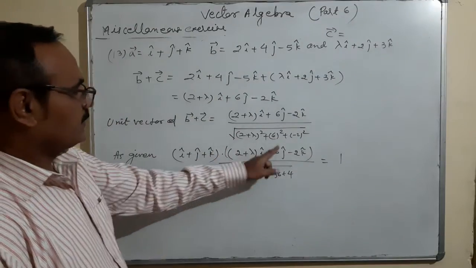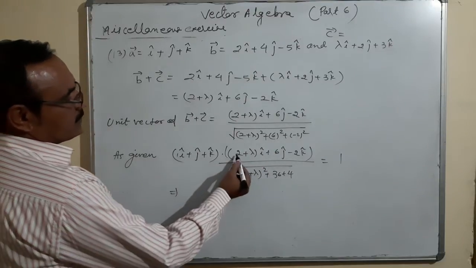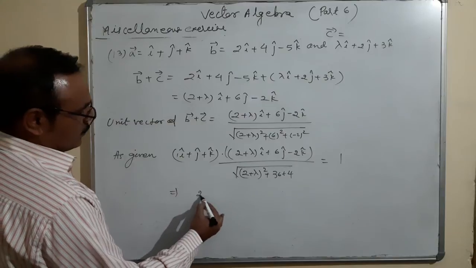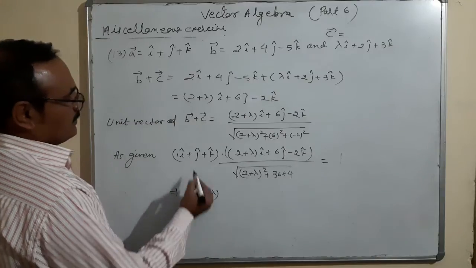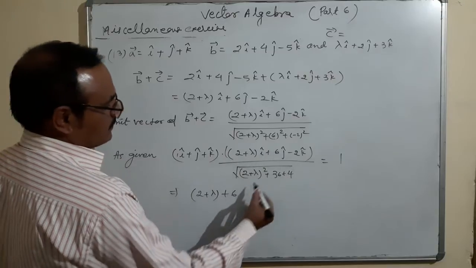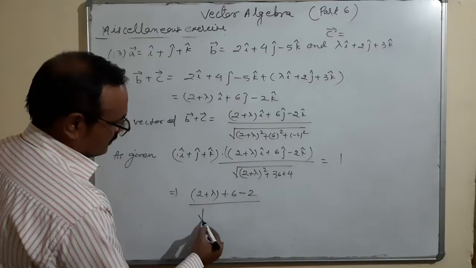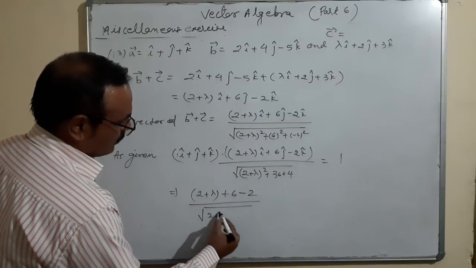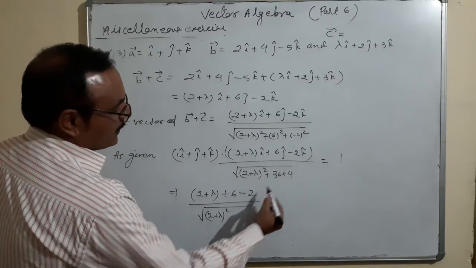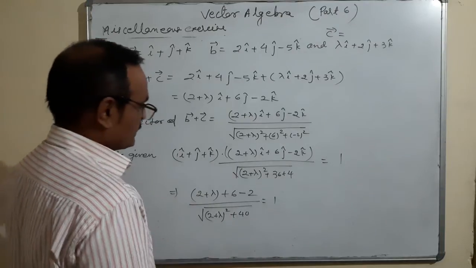Using the dot product, scalar component 1 with 2 plus lambda gives 2 plus lambda, 1 with 6 is plus 6, and 1 with minus 2 is minus 2, upon the square root of (2 plus lambda) whole square plus 40, is equal to 1. We'll shift that side.